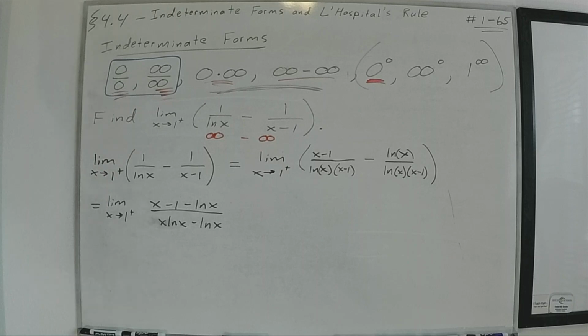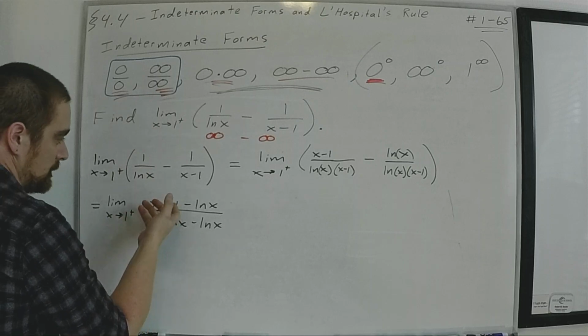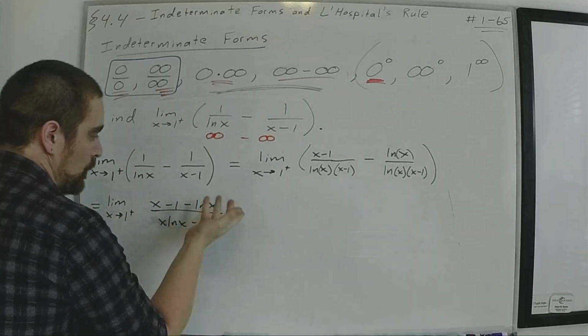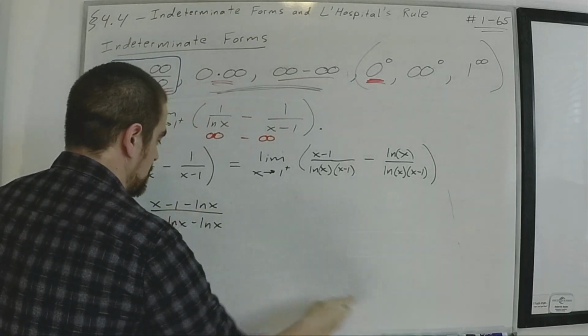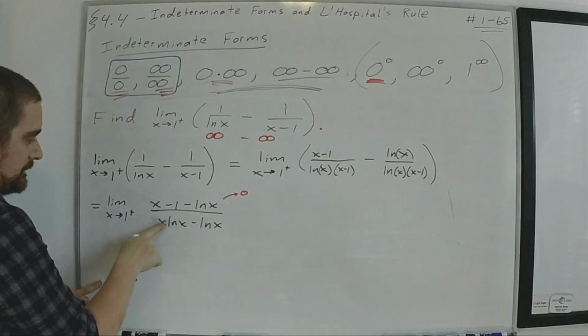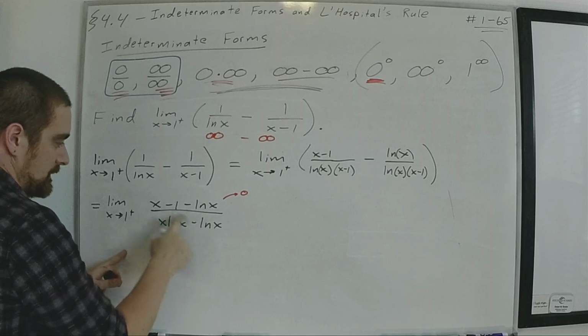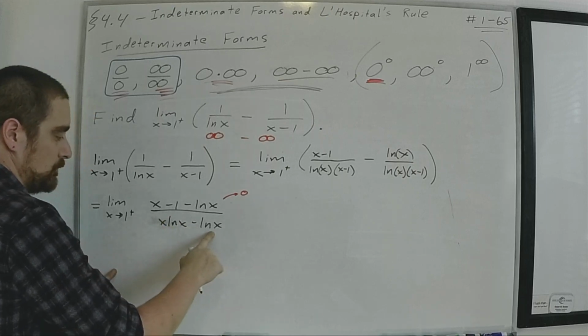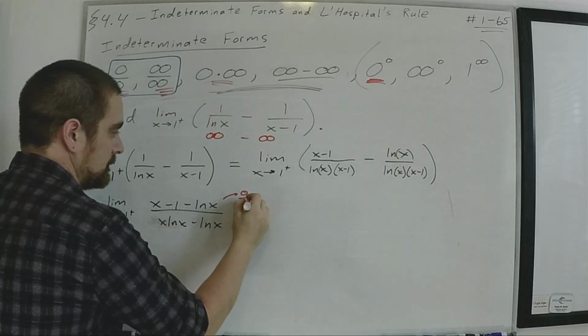So now what we have to do is see where we're at. If I plug in 1, what do I get? 1 minus 1 is 0, minus, well, log of 1 is 0, so the top's 0. 1 times, well, log of 1 is 0, so that's 0 minus log of 1 is 0, 0 minus 0 is 0.